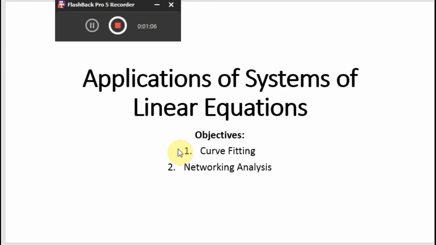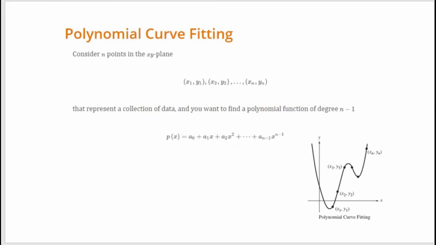So first, let's consider polynomial curve fitting. Here, we're given n points, and for n given points, the polynomial would be a function of degree n minus 1, one less than the number of points.